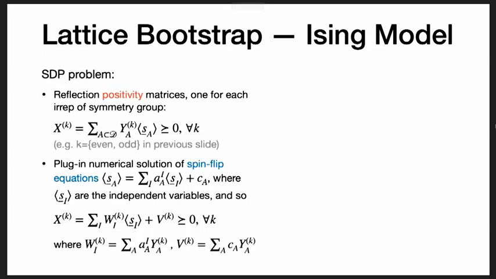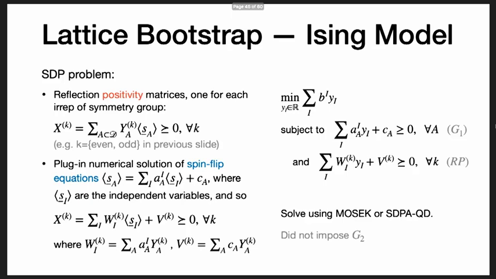Okay. So this slide is just going to phrase it as an SDP. So bear with me. There's a bunch of equations here, but the basic procedure is like, okay, we write down all these positive semi-definite matrices as we saw in the previous slide. Plug in the solution to the spin flip equations, just linear equations like this. So these are just like plug this into that.